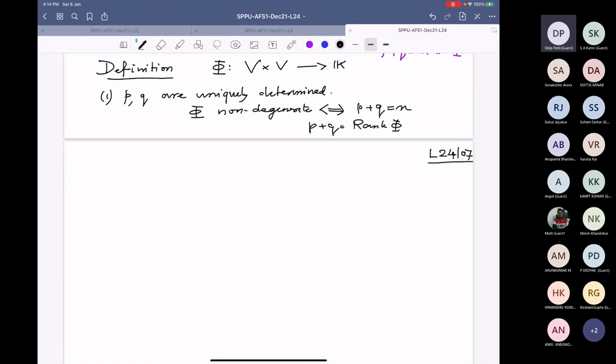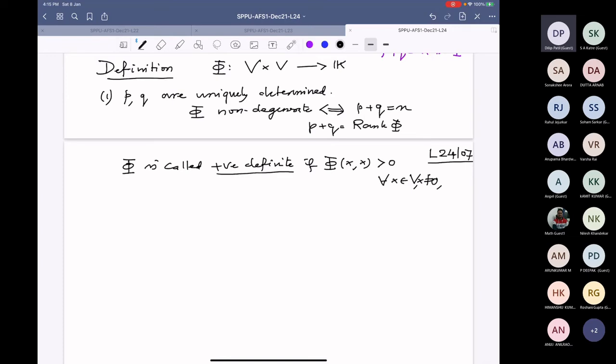All right, now phi is called positive definite if phi of x, x is bigger than 0 for all x in V, x non-zero.